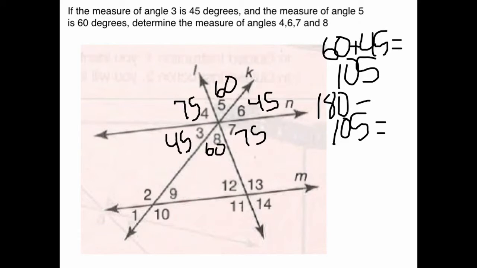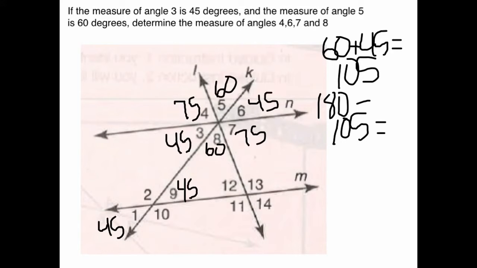So I'm going to fill that one in, that angle 9 is also 45 degrees. Now, if angle 9 is 45 degrees, angle 1 will also be 45 degrees because, again, these are vertical angles. They have the same measure.